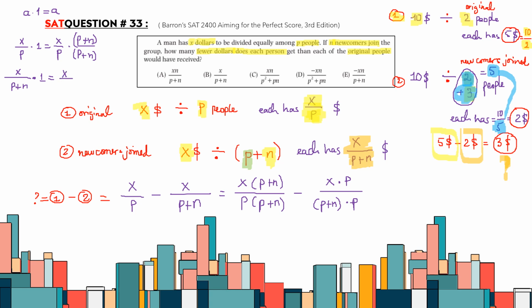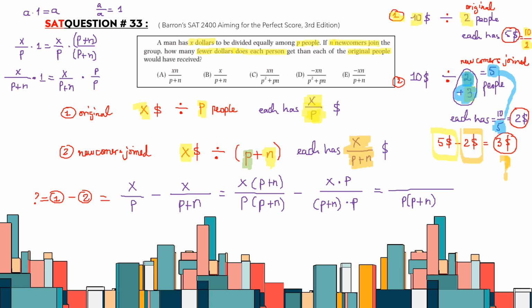A over A is 1. All right. Now look at the denominator. We have the same denominator, P times P plus N. We only keep one. Then we combine the top part.